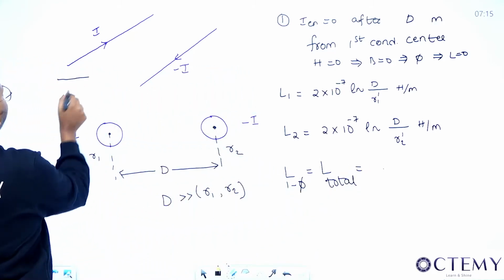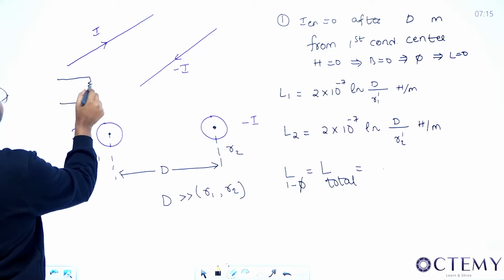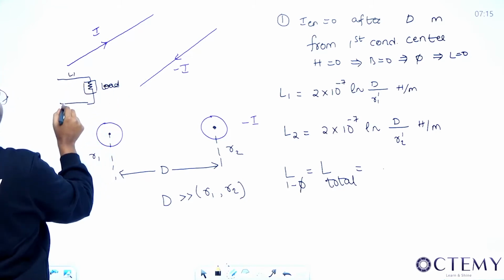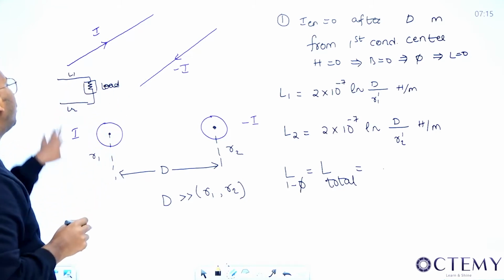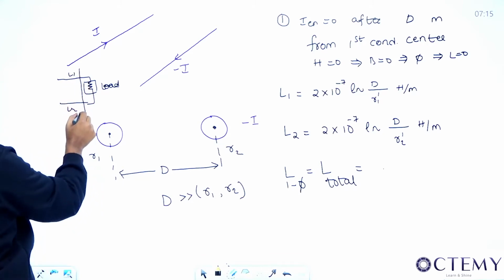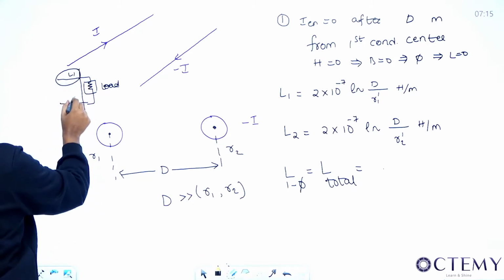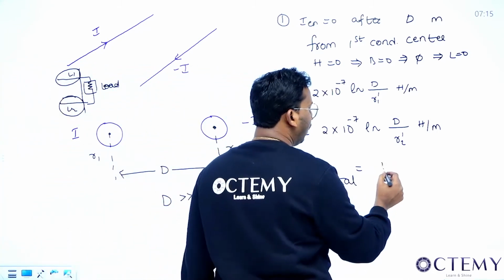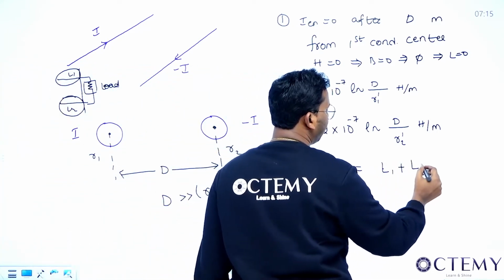Say this is your load, this is your inductor 1, inductor 2. Apart from the load, I want to find the rest of the impedance. So I have to take L1 plus L2. That's why L total is equal to L1 plus L2.